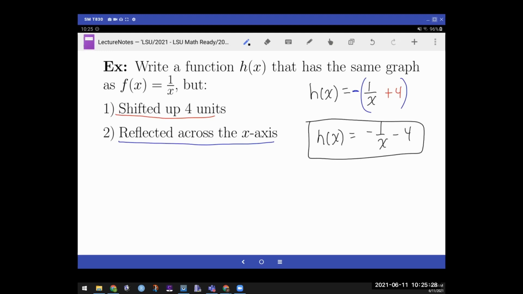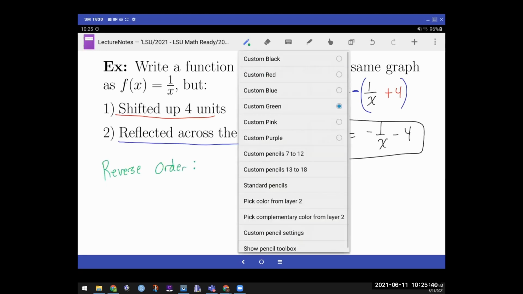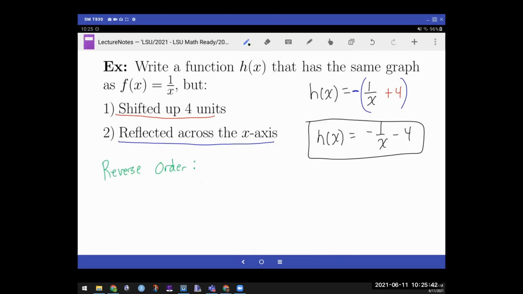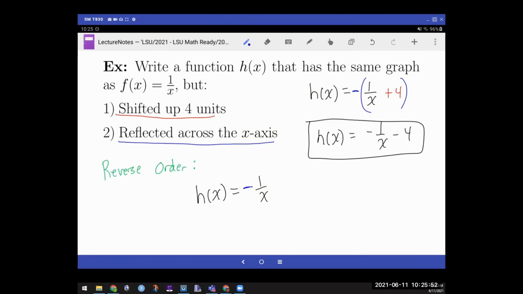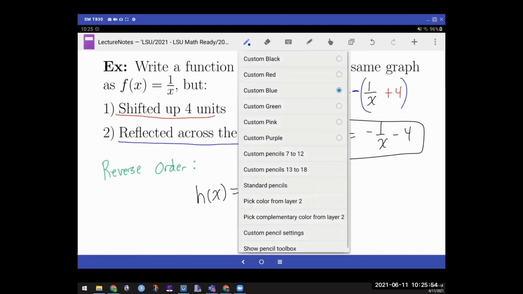Okay, I do want to reverse the order here. So this was the answer to this question. Let's reverse the order to see if it matters. Let's reflect it across the x-axis first, and then shift it up 4 units.